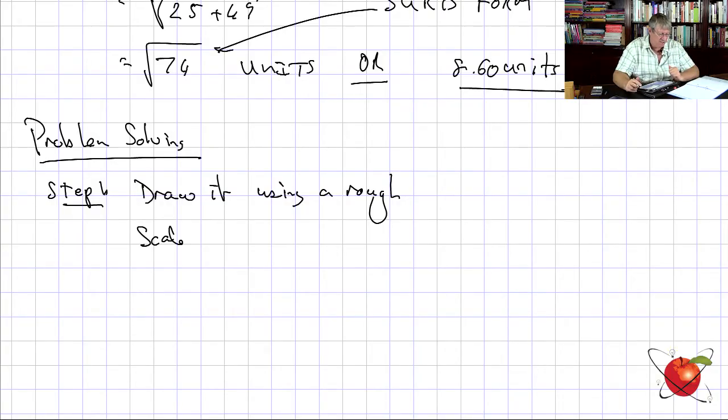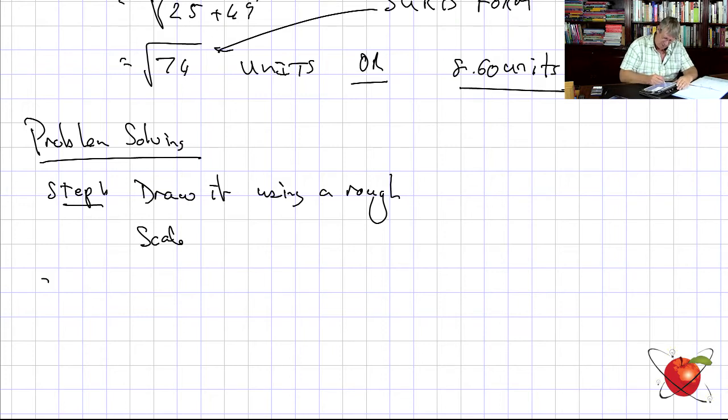So you use a rough scale to draw it. In other words, like I said before, use the ruled lines of the page more or less. Try and get it because it's giving you an indication of the directions, positive, negatives, and it's kind of showing you the shapes that you should be looking for. Right. So we say do that.